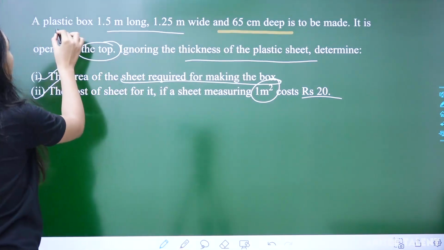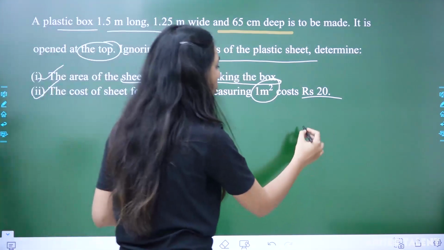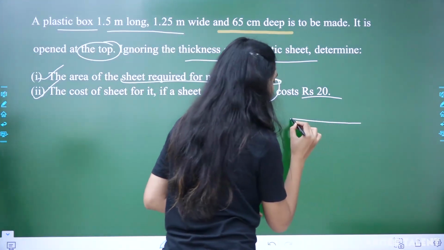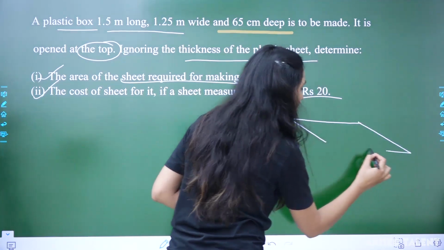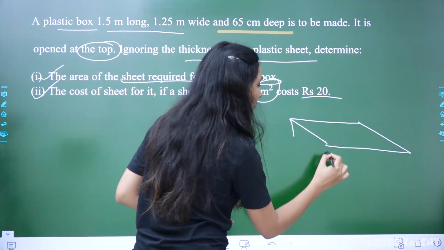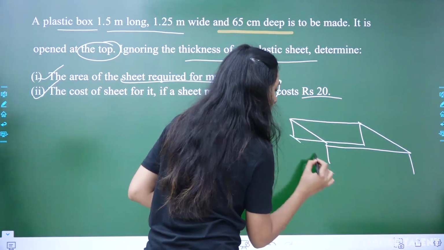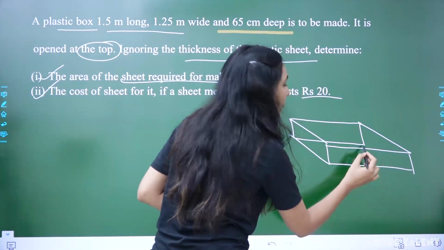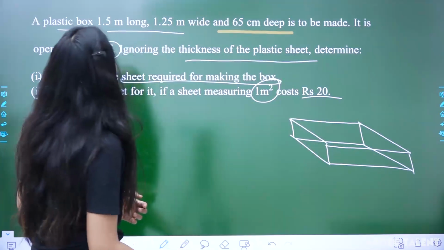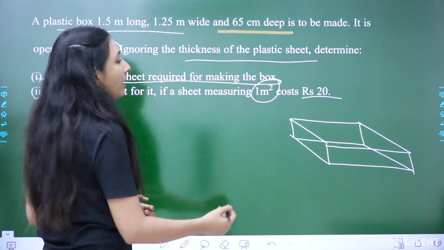So here it's a plastic box, 1.5 meter long. This box will be something like this, isn't it? And we have been given the dimensions of it, which is 1.5 meter long.